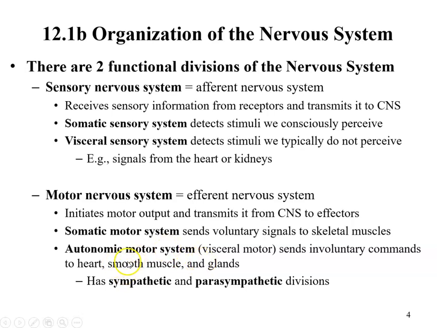And the autonomic motor system has sympathetic and parasympathetic divisions. Okay, so the autonomic motor system is going to be what sends a signal to your heart to increase heart rate when you see a bear in the woods, okay?